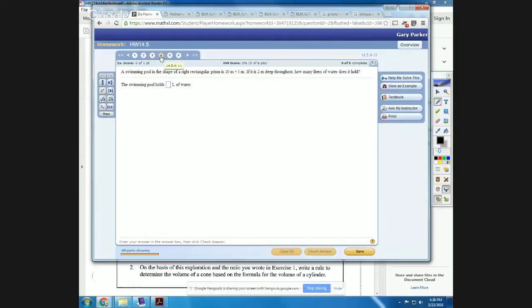Otherwise, when we were doing the metric Olympics, we talked about the relationship between liters and meters or centimeters. And so just a couple of notes on that. There are 1,000 liters in a cubic meter. That's a good piece of information to know.